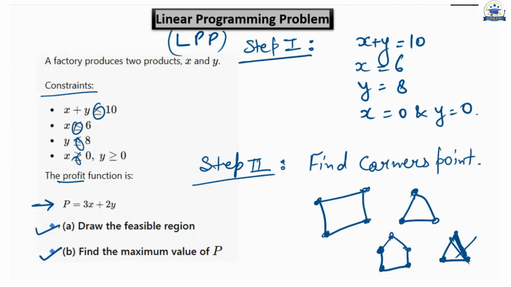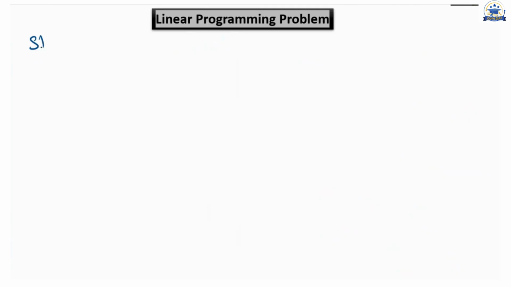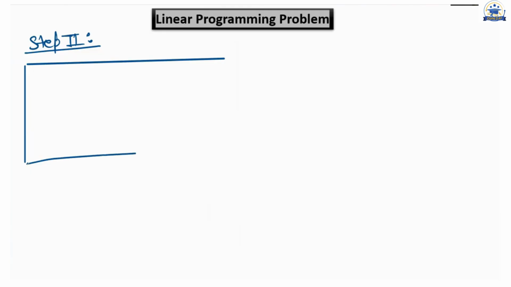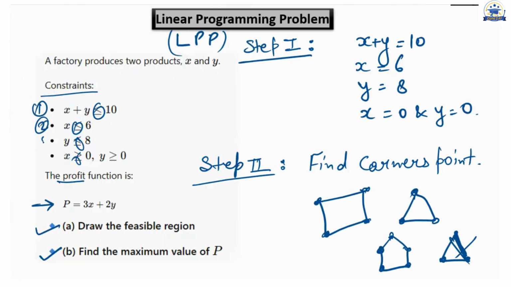So let's make a table over here for step 2. Let's make. Okay. So we had 5. Am I right? 1, 2, 3, 4. No, 4. So we have 4.